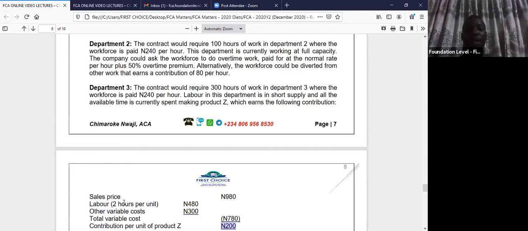What is the significance of these 2 hours here? It means 2 hours is being spent in making 1 unit. What does it mean? It means 1 unit earns a contribution of 200 naira, or 2 hours is being spent contributing 200 naira.